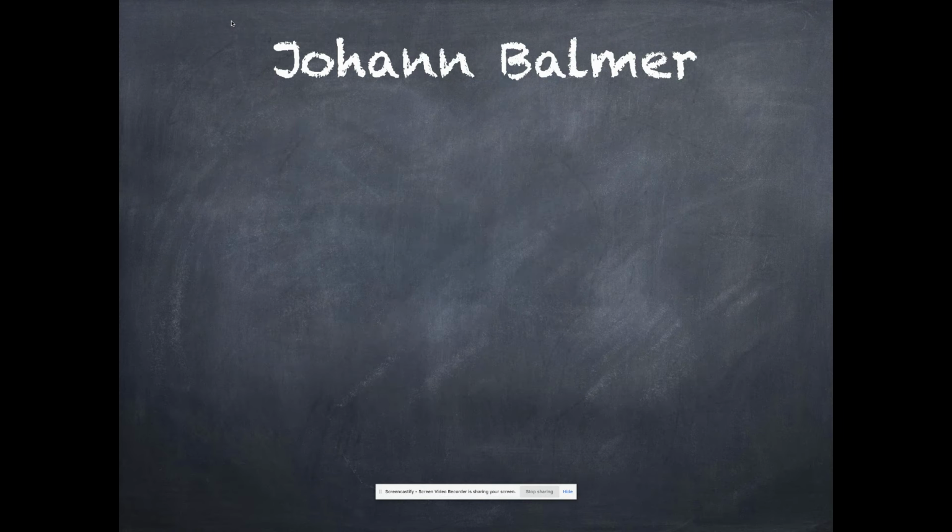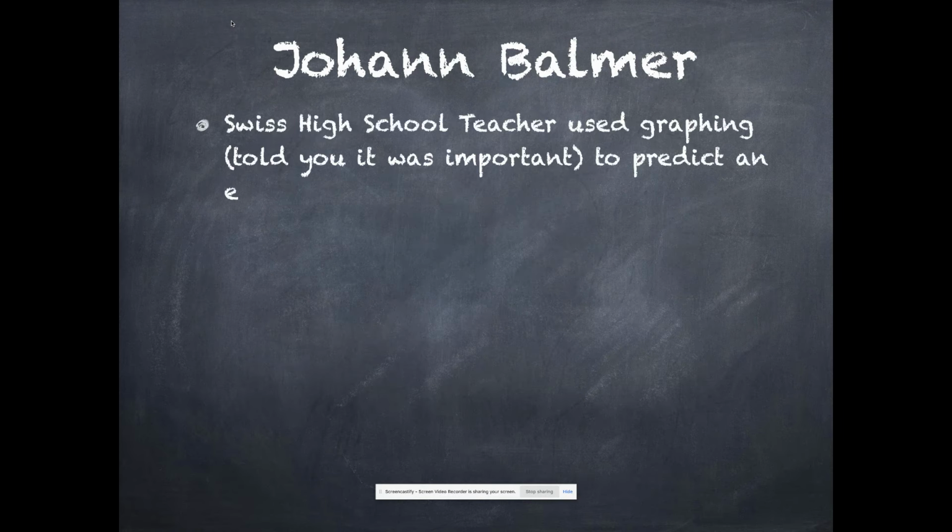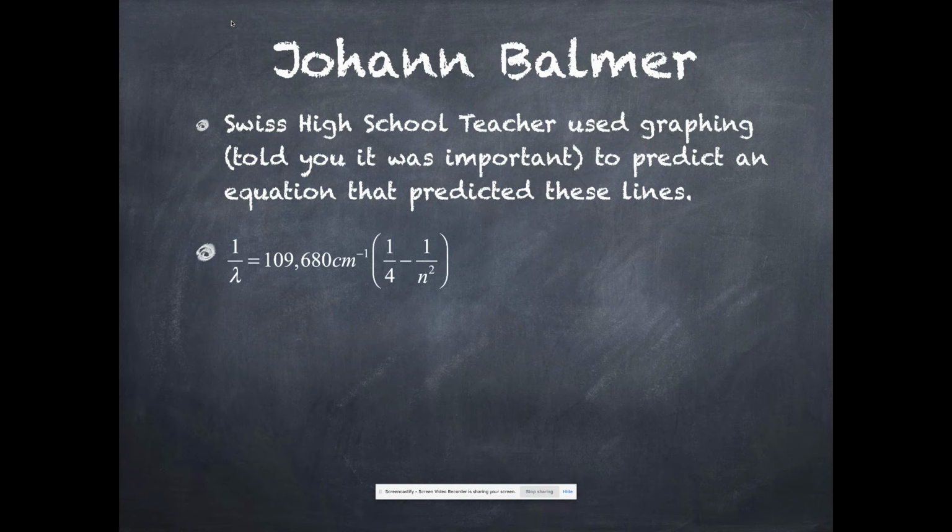Okay, so Johann Balmer in the 1880s, a Swiss high school teacher, was actually able to come up with an equation that would predict where these lines should fall. This is the equation itself. 1 over lambda, or what we call the wave number, I made a big deal about understanding wave numbers in the last lecture, is equal to a constant times 1/4 minus 1 over n squared.